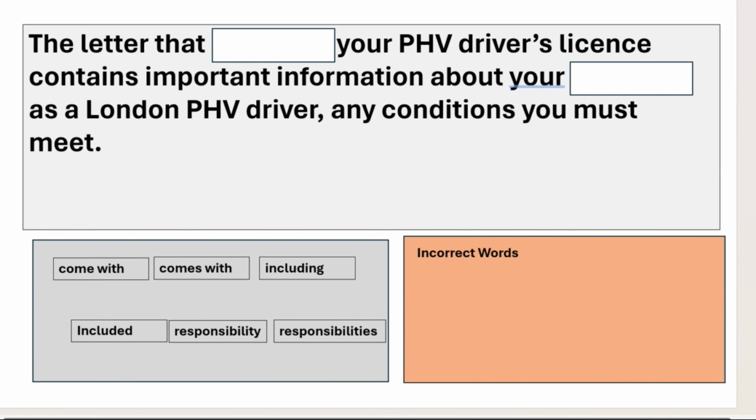The letter that gap your PHV driver's license contains important information about your gap as a London PHV driver. Any conditions you must meet. The options are come with, comes with, including, included, responsibility, and responsibilities.